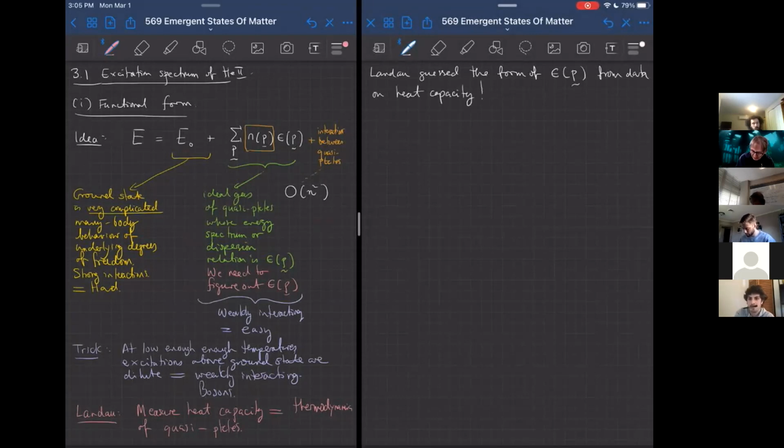This was in like 1947, and then later his guess was confirmed by neutron scattering, maybe 20 years later or something.